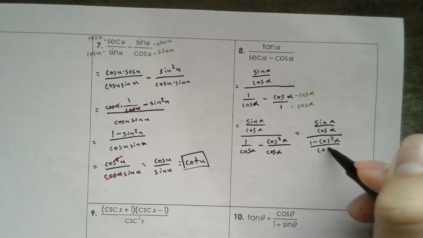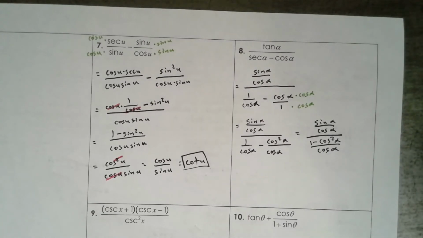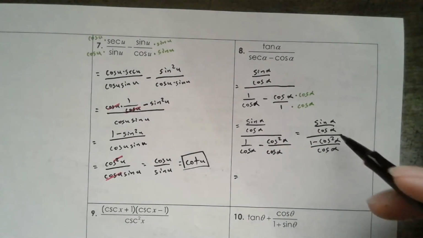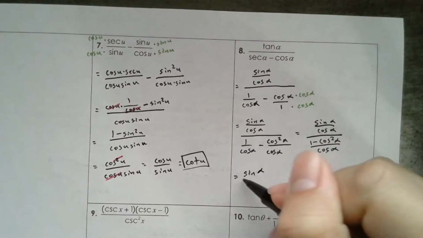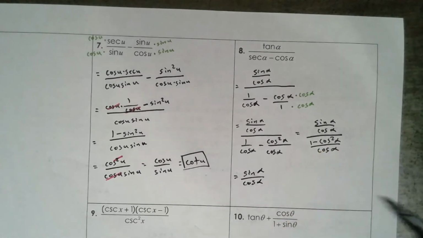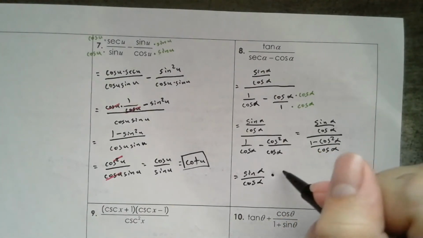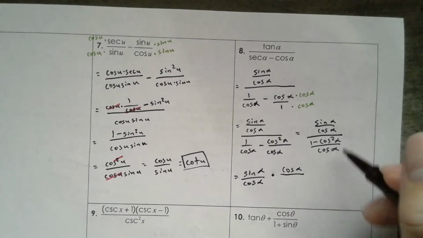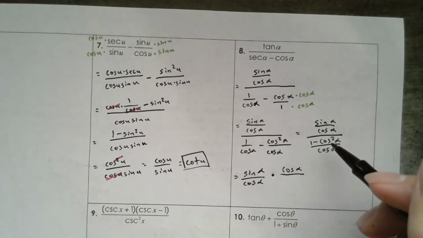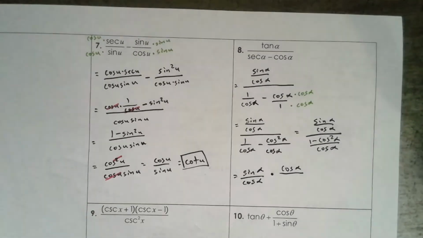That's a fraction divided by a fraction, so multiply by the reciprocal. Sine alpha over cosine alpha times cosine alpha over 1 minus cosine squared alpha. Yes, that's an identity: 1 minus cosine squared alpha is sine squared alpha.